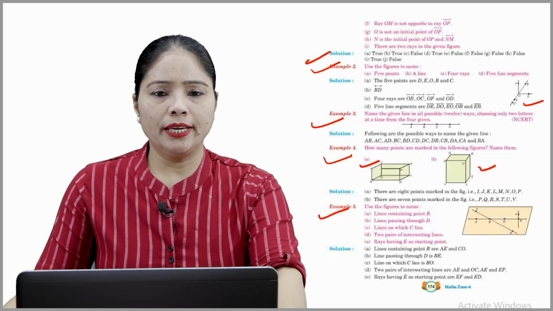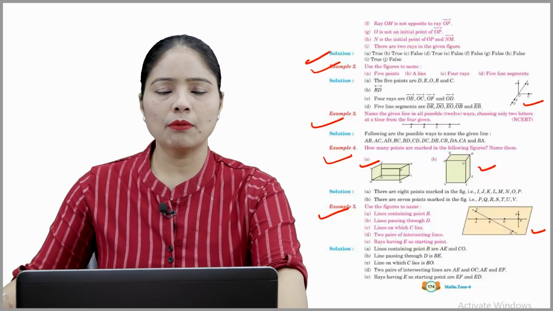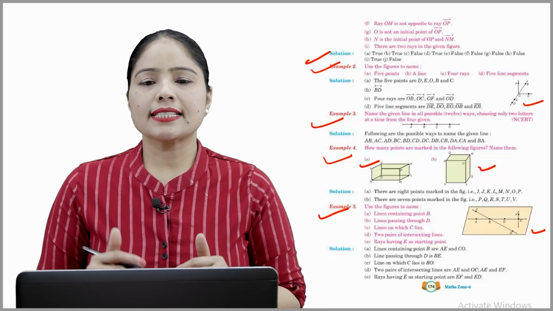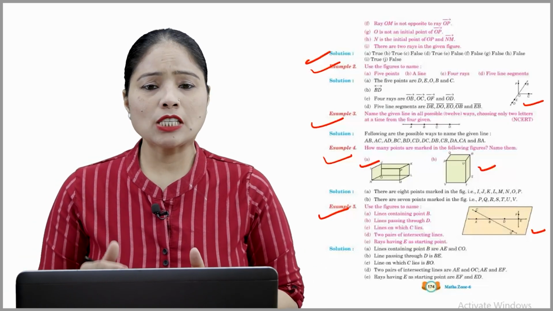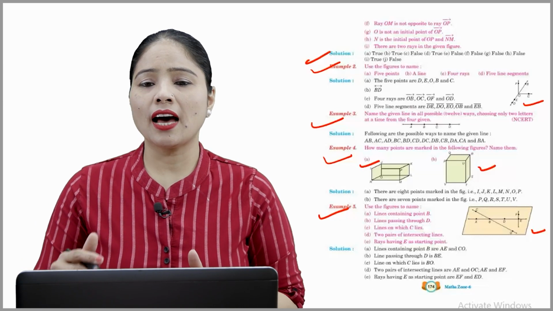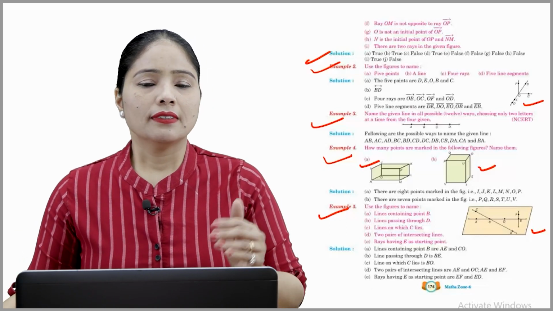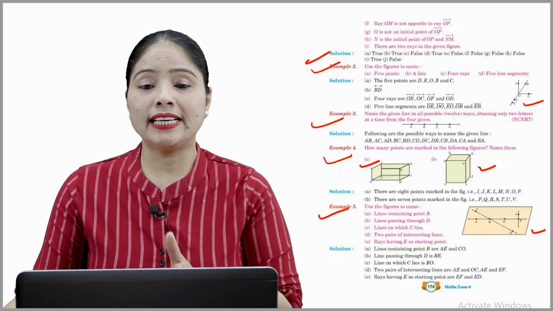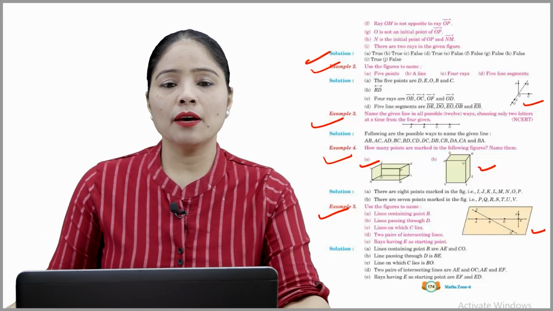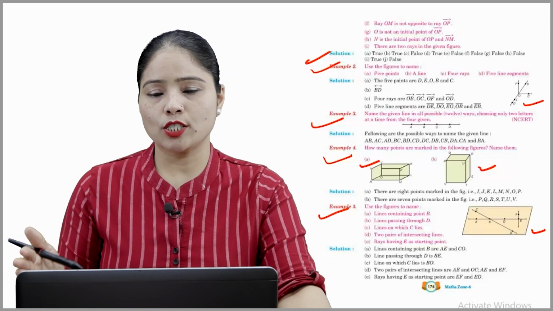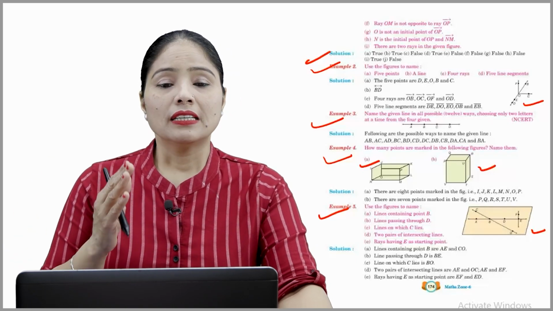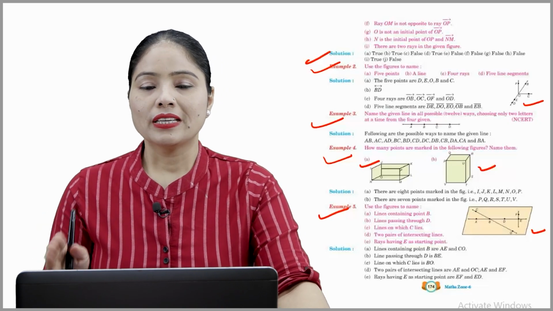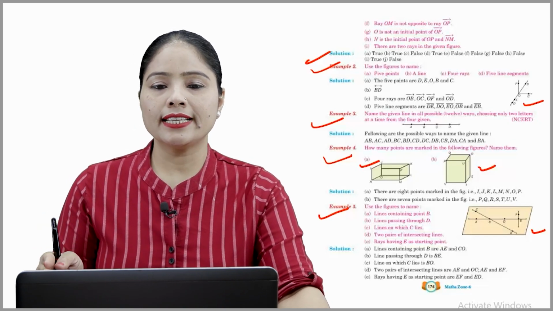Use the figure to name. Okay, this is our figure. Now we find out the names. First one is lines containing point B. So lines containing point B are AE and CO. Lines passing through D: the line passing through D is BE. Lines on which C lies: C lies on BO. Which are two pairs of intersecting lines, beta?